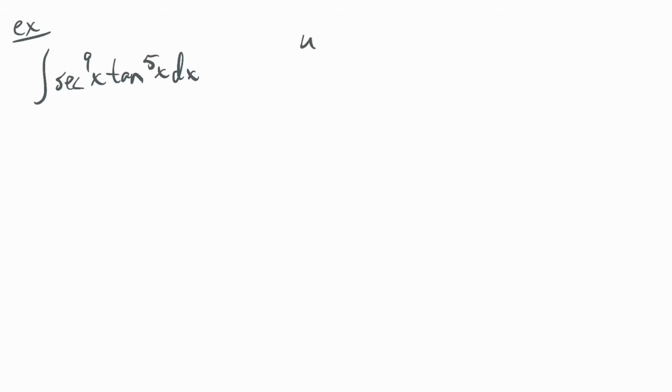So if we do u equals tangent of x, then du, of course, equals secant squared of x dx. I need to peel off a secant squared to pair with dx to make du, rather.